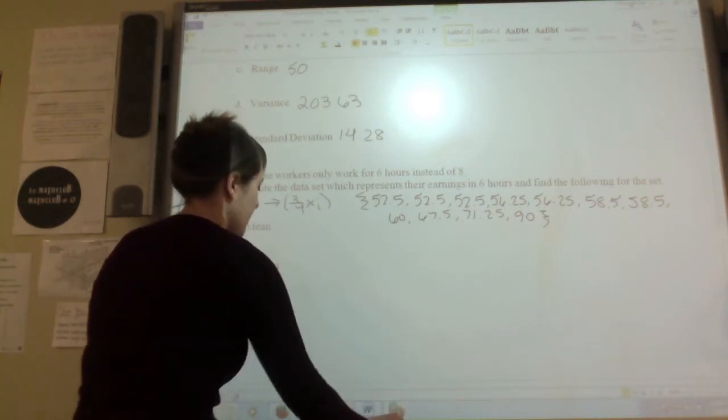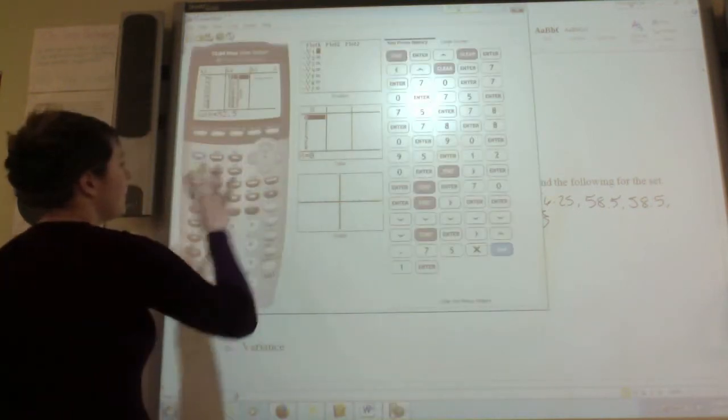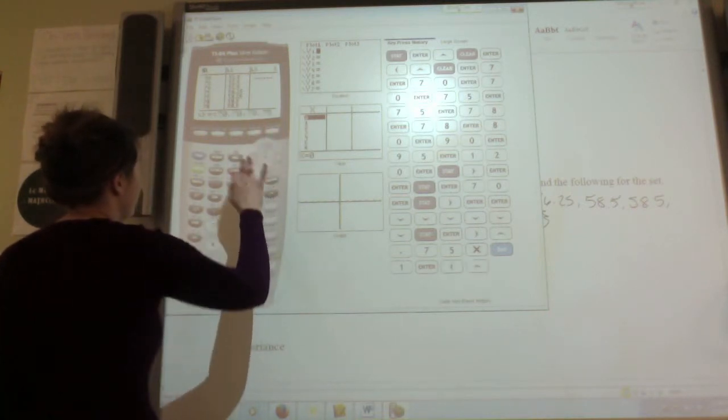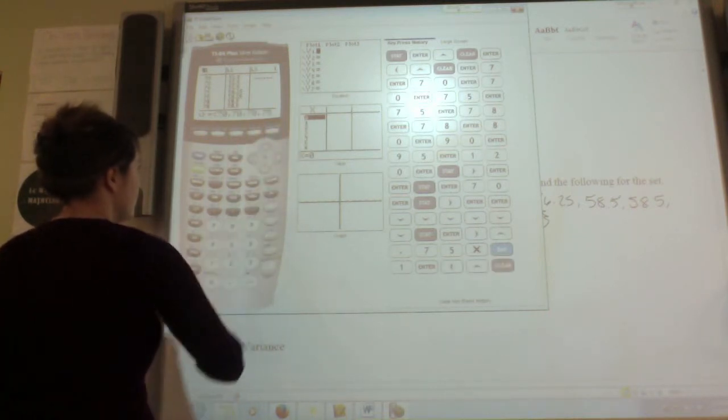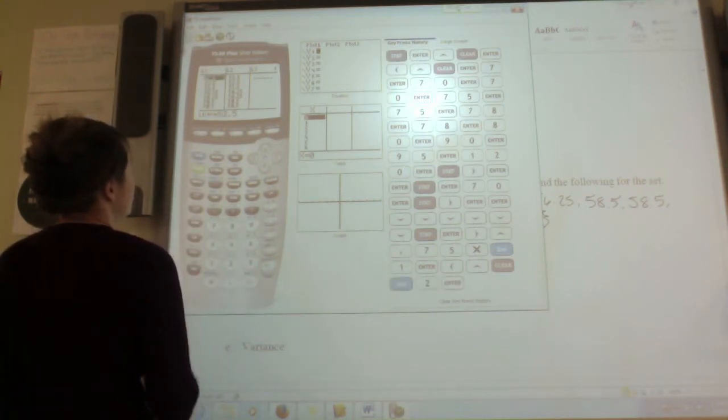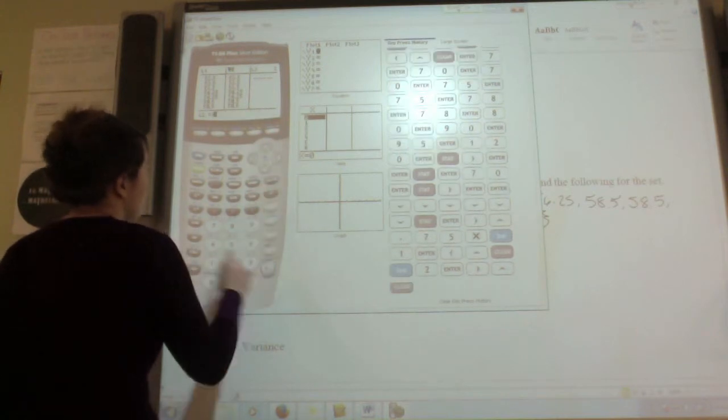Now I've got my data set, and if I want to get my one variable statistics for this data set, I'm just going to move it over to my list 1. So I'm going to clear this out, and put my list 2 in there.